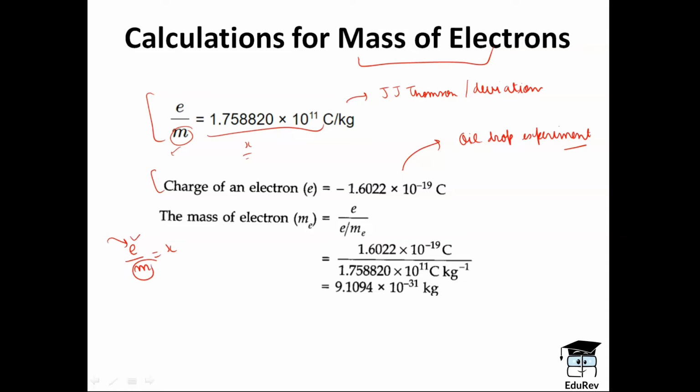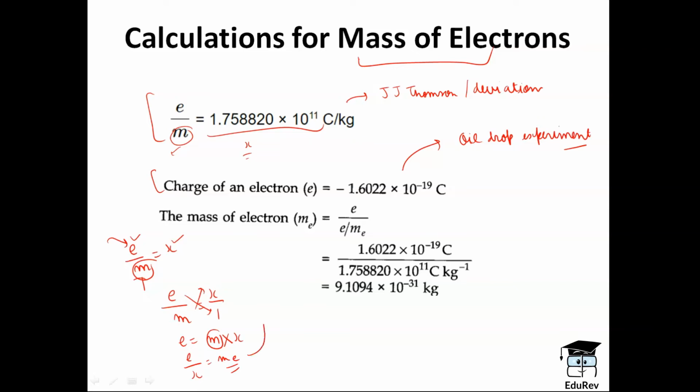We want to calculate m. What will we do? Simple, cross multiply. e is equal to m into x. We want m, so m is e by x. The mass of the electron will come like this.